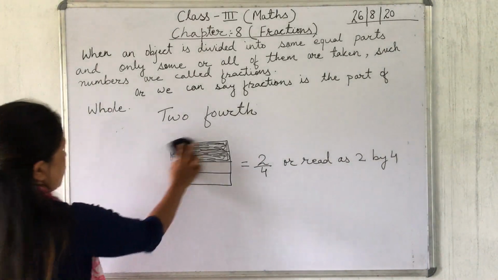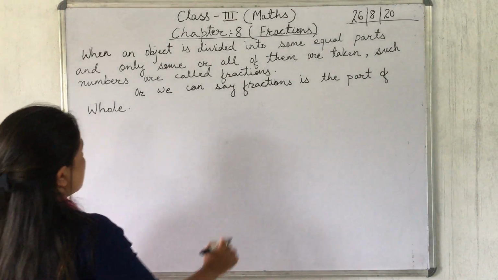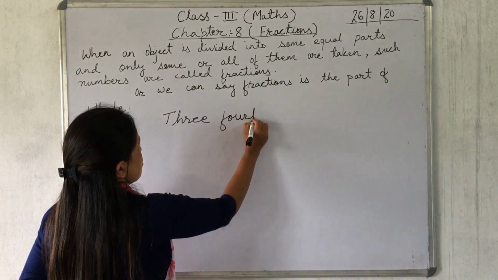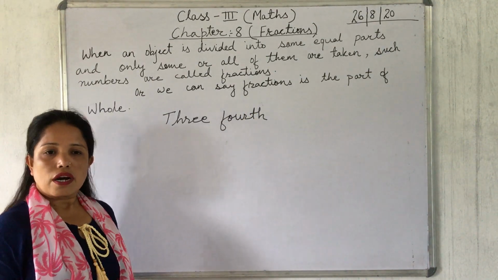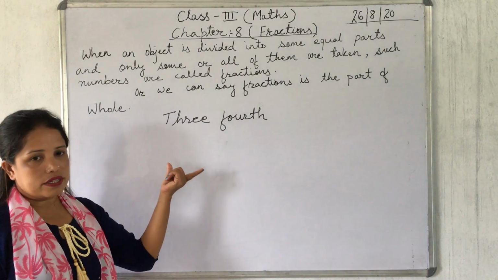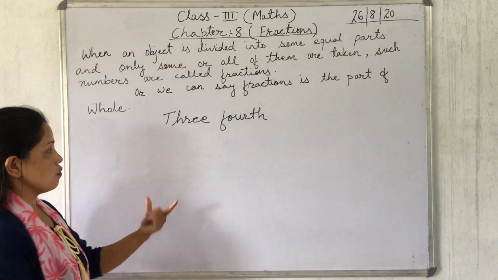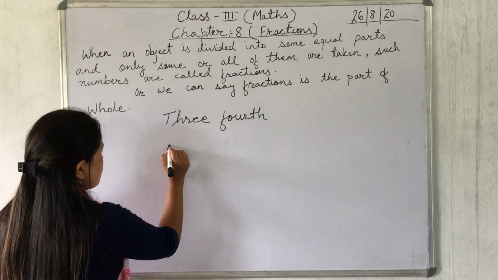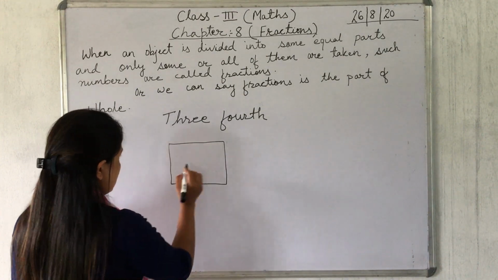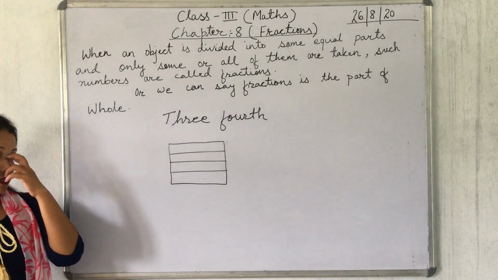So children, next one is 3/4. 3/4 means when an object is divided into 4 parts and 3 parts are shaded, we can write it as 3 by 4. This is a figure.